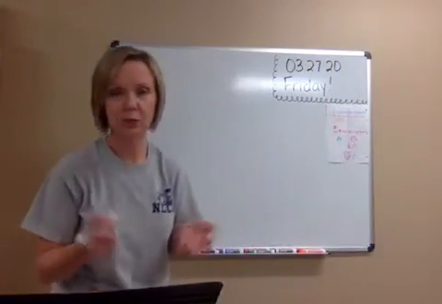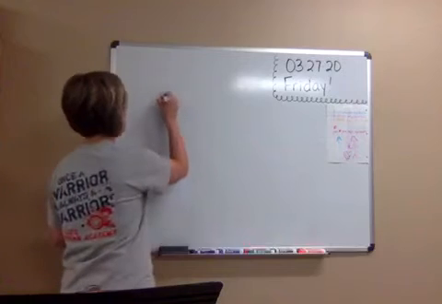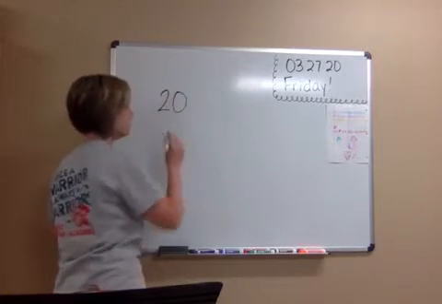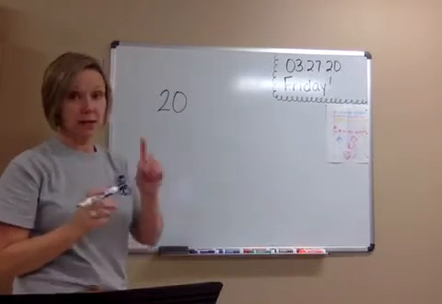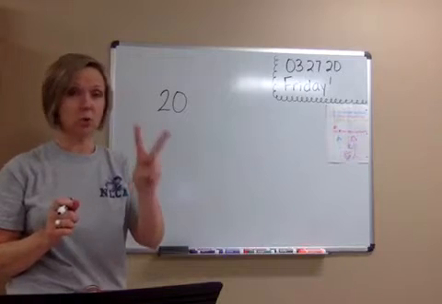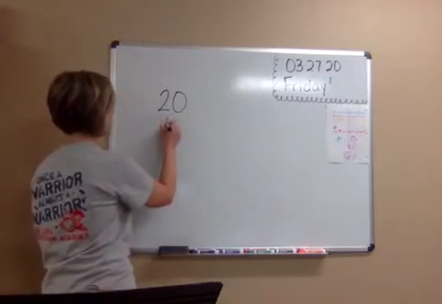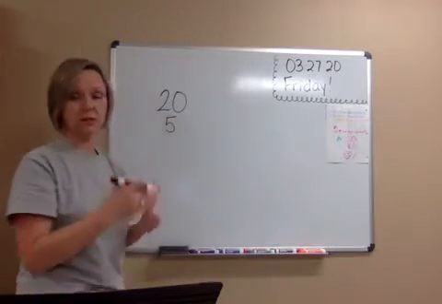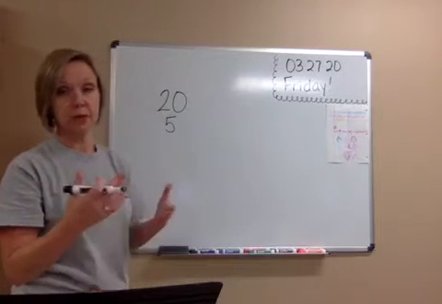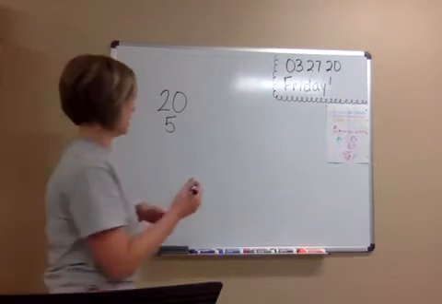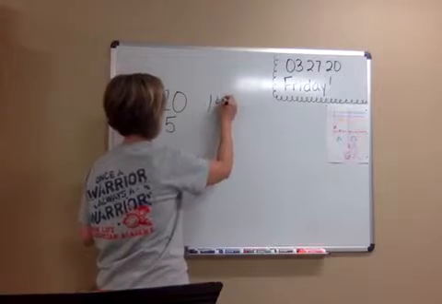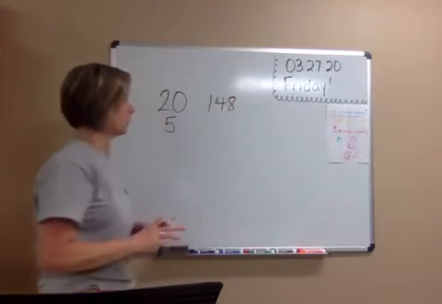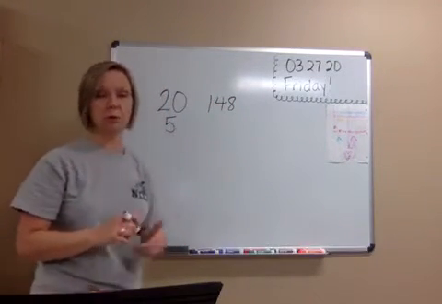I'll say 20. Okay? 20 is a good whole number. You think that's a good number? Yep. A whole number can have 1 digit or 2 digits. It can be the number 5. That's fine. We can use it that way. It can be 3 digits. 148. All right, so let's think about good whole numbers.